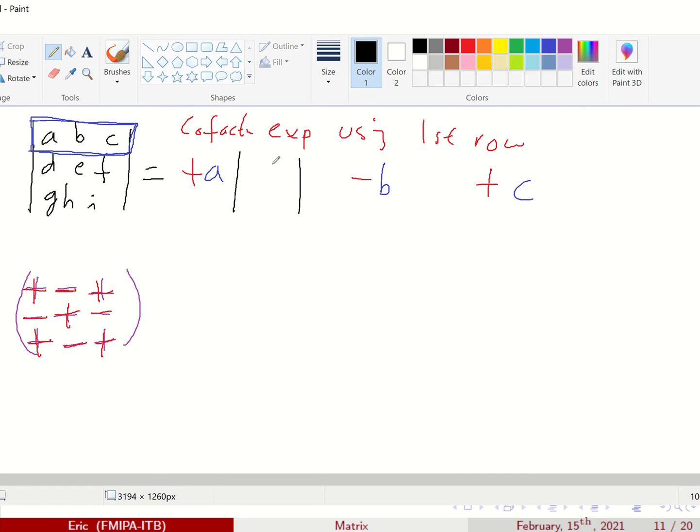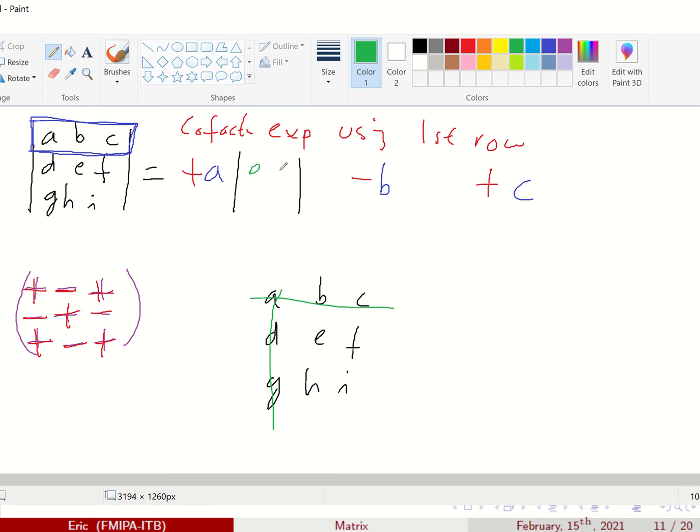How do I find the 2 times 2 matrix? For A, you have to multiply by the submatrix. This is for the first column and the first row, so you should eliminate the first column and first row.